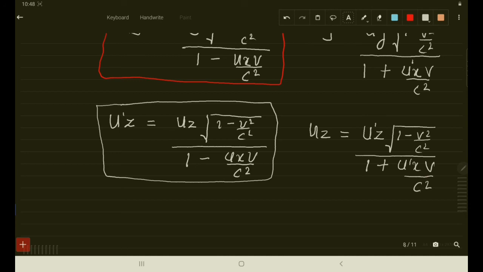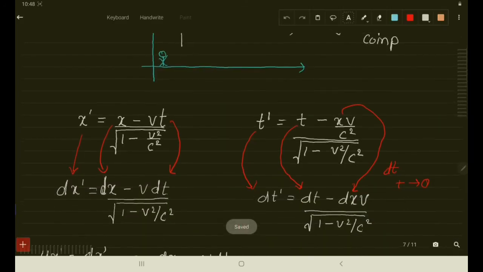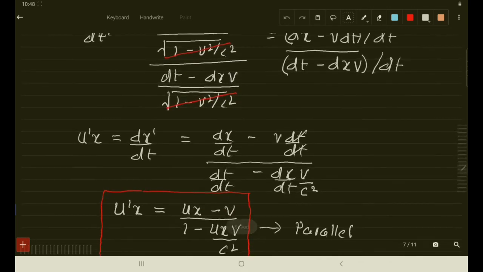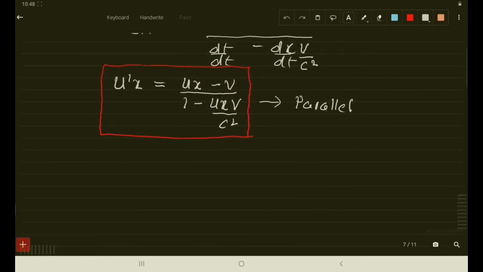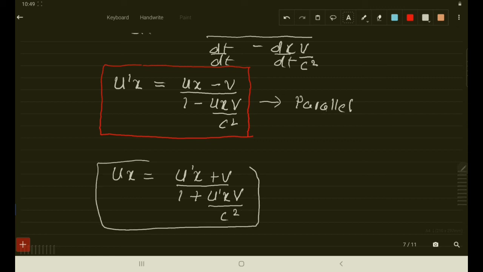The same thing will happen for the parallel component of velocity also. That is, for obtaining the inverse transformation equations, the sign will change: u dash x plus v divided by 1 plus u dash x v divided by c square. So this is the inverse transformation equation for parallel components.